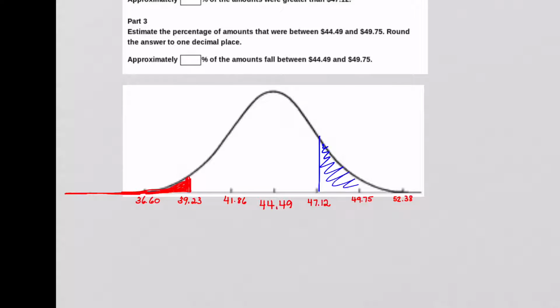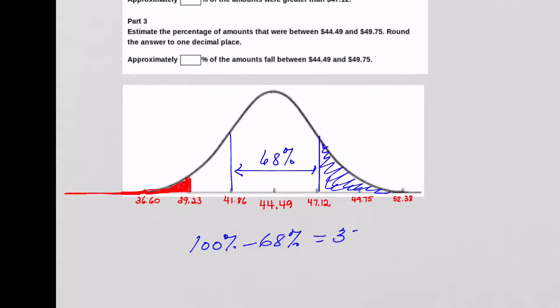So that would be this area. As I just said, this is 68%. So this is basically like the last one. I take 100% minus 68%, and that gives me 32%.